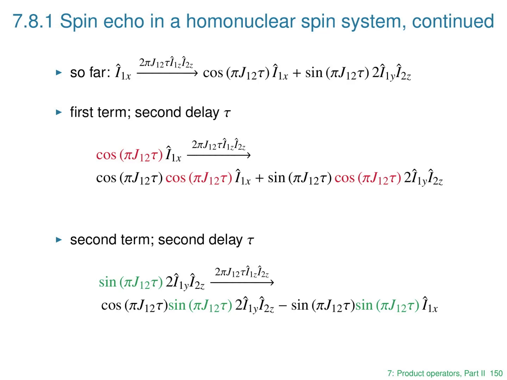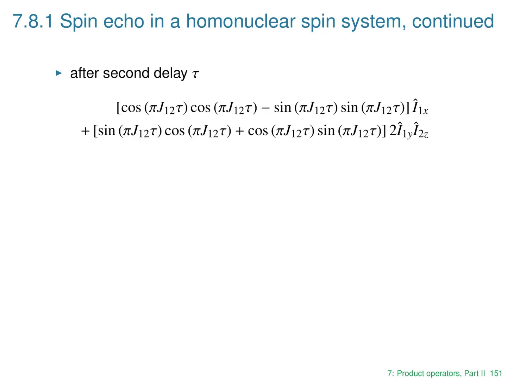So we've now done the effect of the final delay for the two terms, and so we can gather everything together and see what we've got. And I've just grouped them a little bit. We've actually got two terms in I1x, and we've got two terms in 2I1y, I2z.